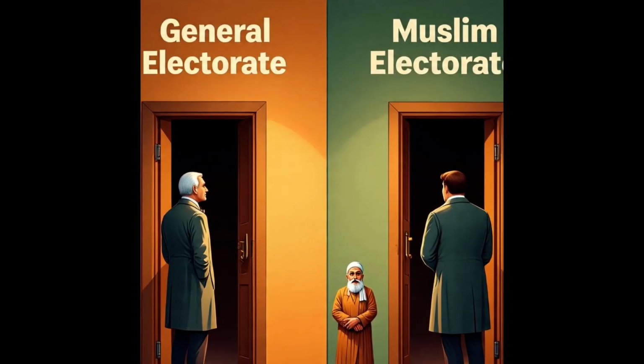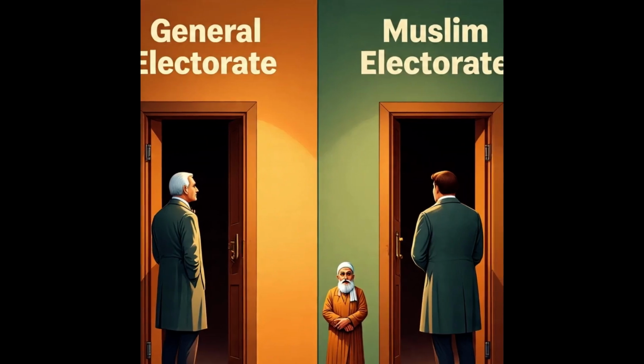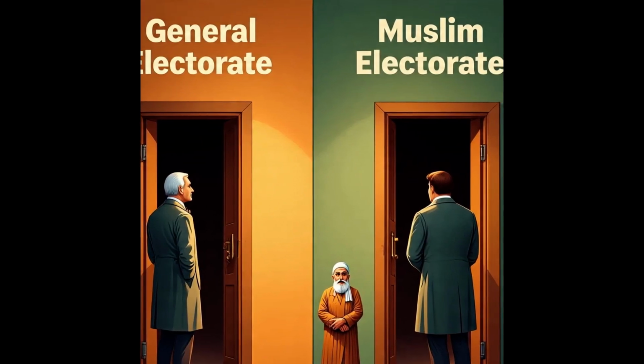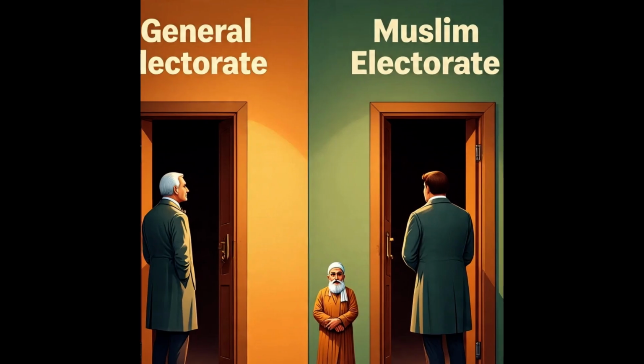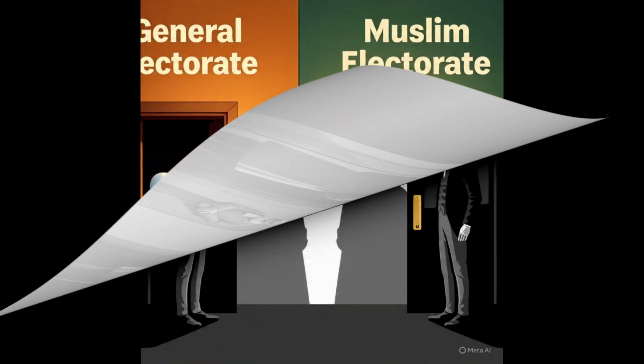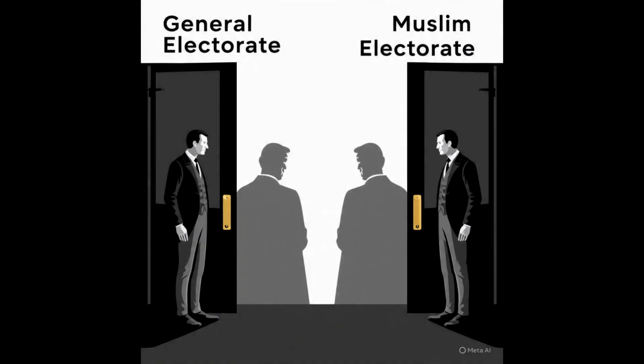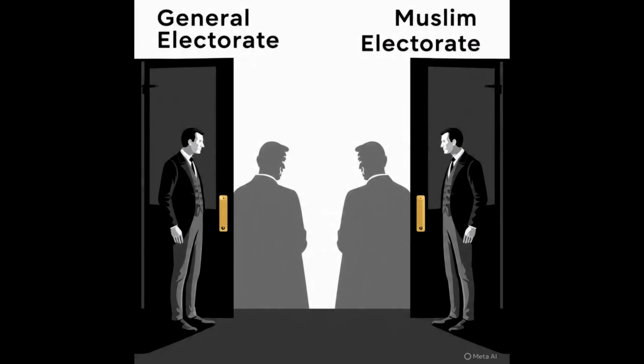Most significantly, it introduced separate electorates for Muslims, a move that would have deep, lasting consequences. While it gave Muslims a distinct political identity, it also sowed seeds of communal division. These reforms were designed to placate rising Indian nationalism while keeping true power in British hands.